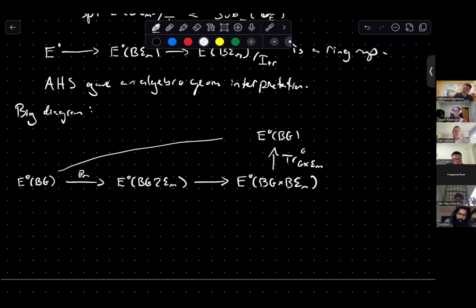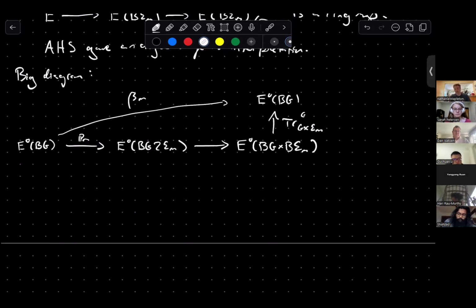Whatever this map is, it deserves to be called the symmetric power, because that's how we construct the symmetric power in the case of representation rings.